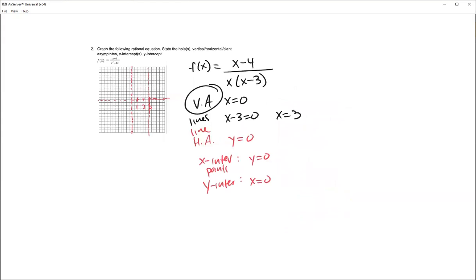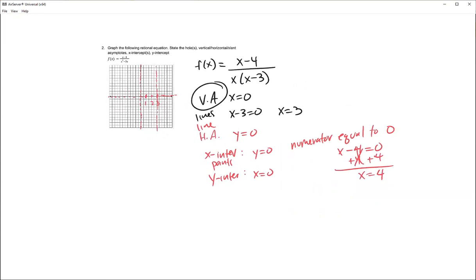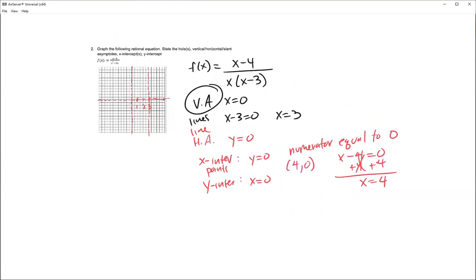So remember, you make the numerator equal to 0. So x minus 4 is equal to 0. Add 4 to both sides. And what do you have here? You have x is equal to 4. So 4, 0 is our x-intercept right here.